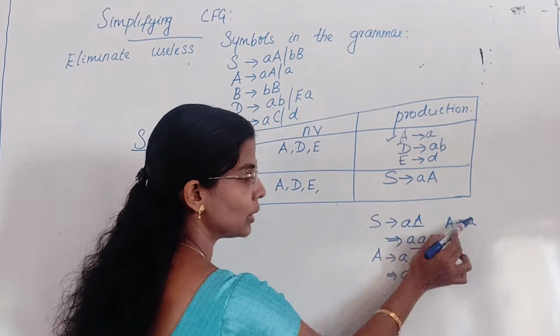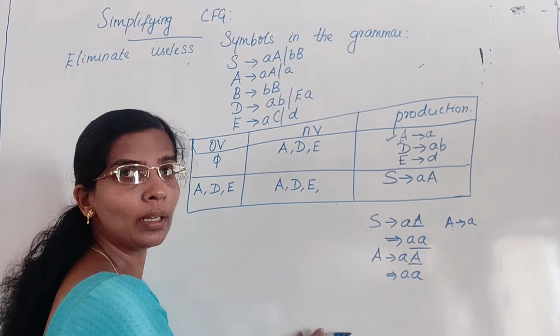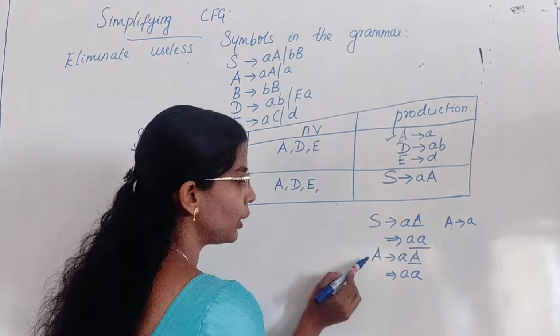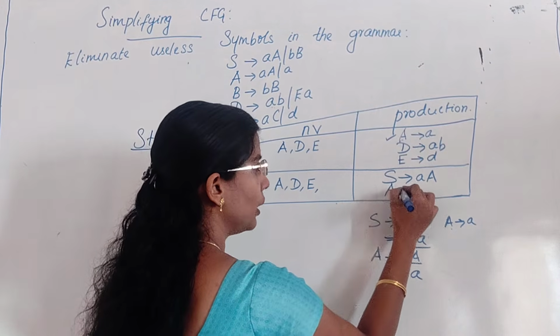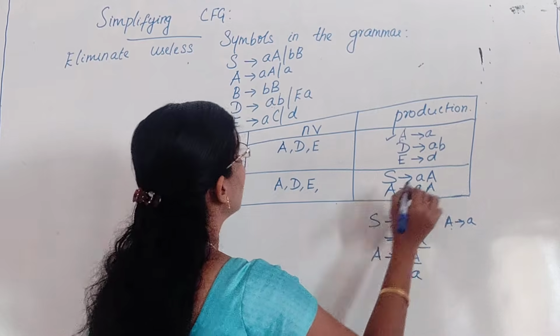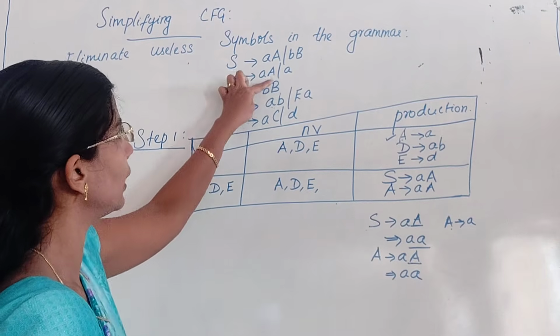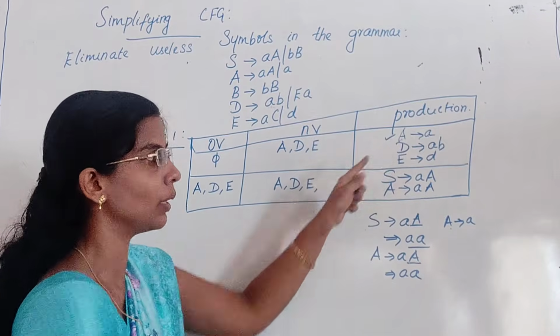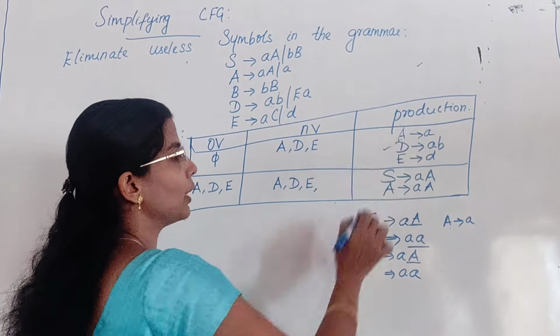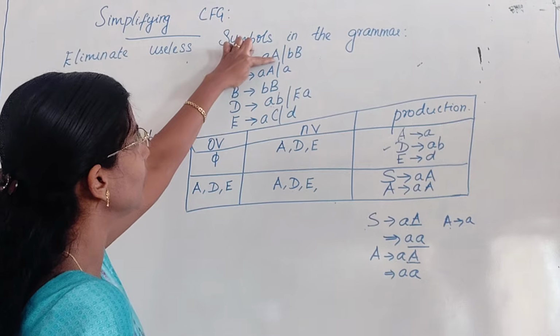When I substitute this, I am getting only terminals in the RHS. So what should I do? Write this production here, A tends to a. Is there any other A variable here? No. Next, take this D variable. Check whether you have any D variable.